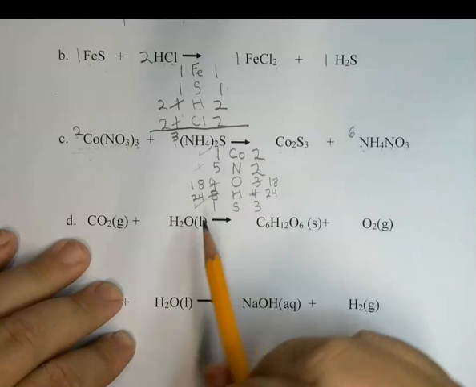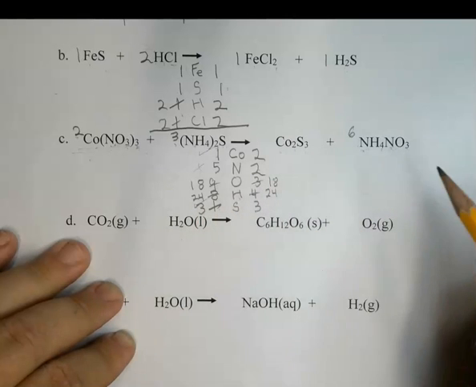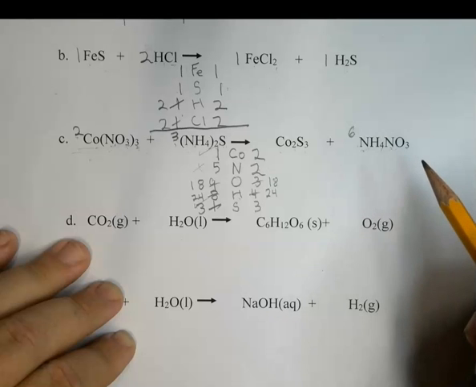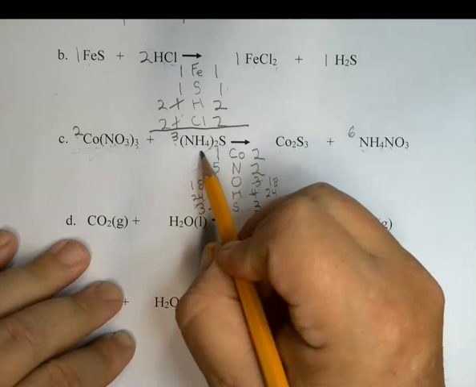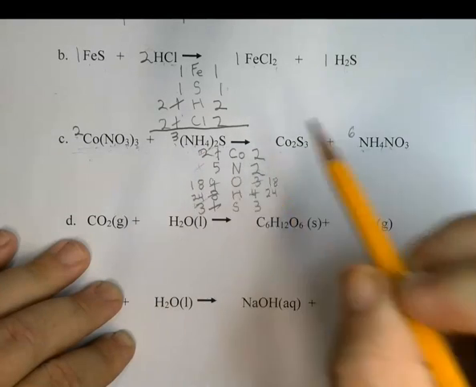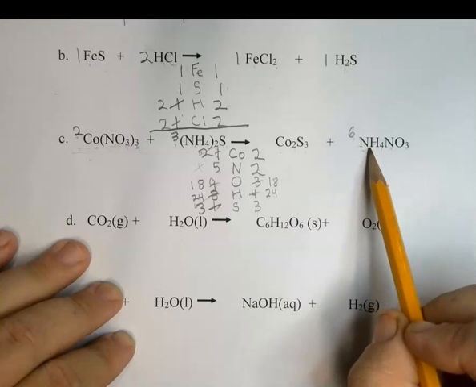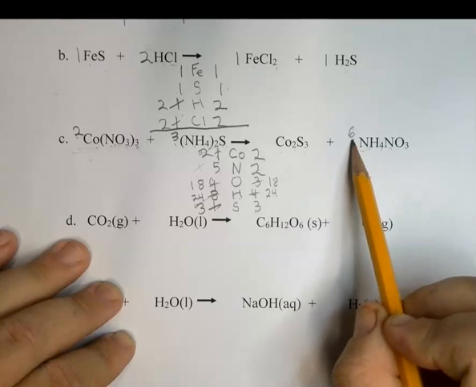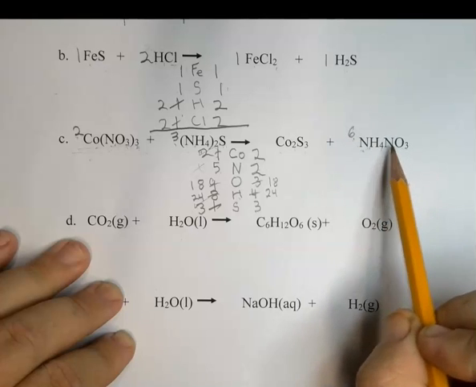So let's see. I think everything's in balance then. We turned the sulfur into a 3 already. Well, now we got to see what happens with nitrogen. Okay, we're going to hope that nitrogen is already in balance. And that's often what happens when you leave the hardest one for last. So we have 6 nitrogens here. Watch out here. 6 times 1 is 6. 6 times 1 is 6. Okay, each of these are 1 nitrogen.